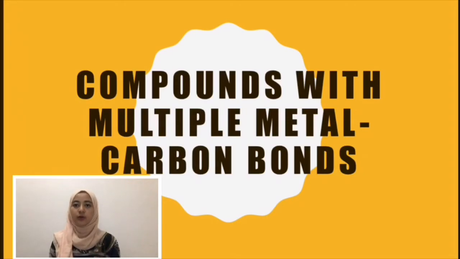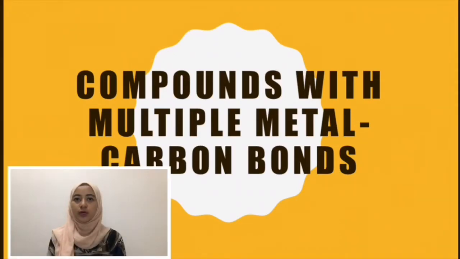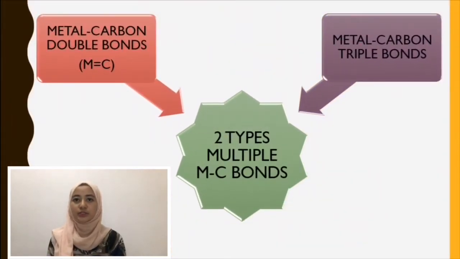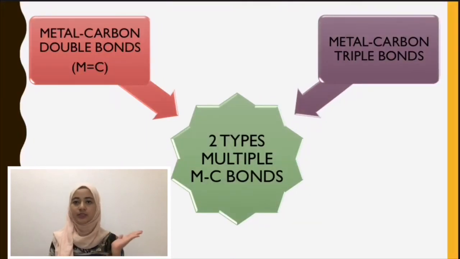So today I would like to continue with our presentation with the title, The Compounds with Multiple Metal Carbon Bonds. Basically there are two types of multiple metal carbon bonds, which are metal carbon double bonds, M=C, and metal carbon triple bonds, M≡C.